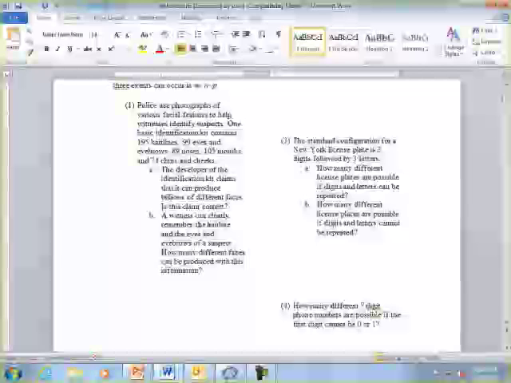Is that claim correct, or are they just using the word billion to mean a lot, but it's not actually billions? So the fundamental counting principle says that we can multiply the individual options, and that will give us our total number of options.